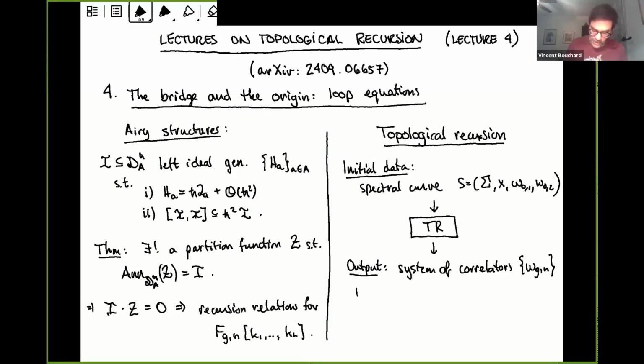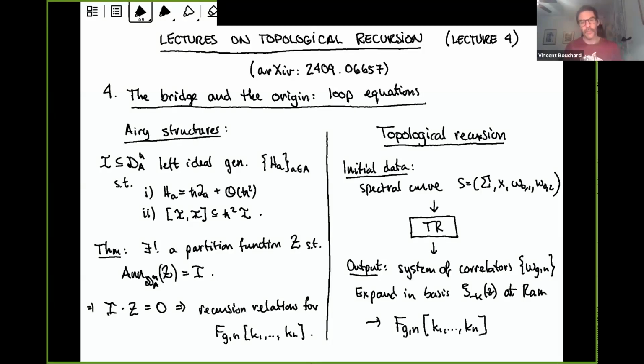The key here is that they satisfy the projection property, so you can expand in the basis naturally defined at the ramification point. There's one such basis for each ramification point. Through this expansion, we end up with coefficients of the expansions of the correlators that are also called F_{g,n}. I had multi-indices here, but let me forget about the multi-indices for simplicity. Let's just think of having a single ramification point if you want. Otherwise, you get multi-indices.